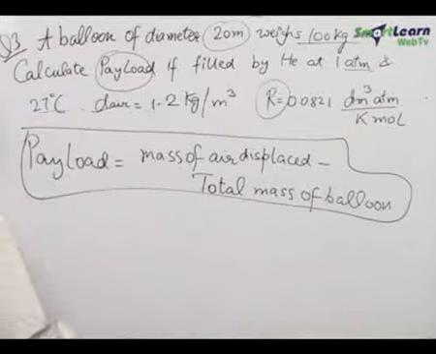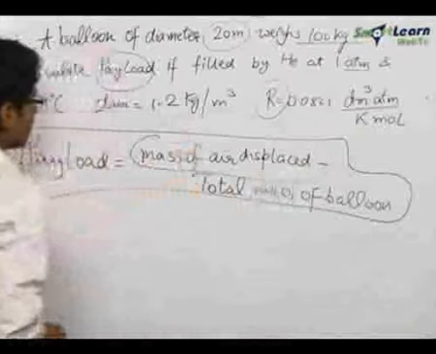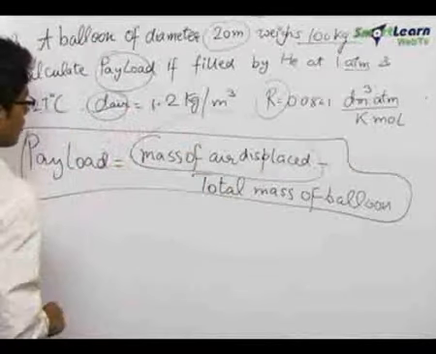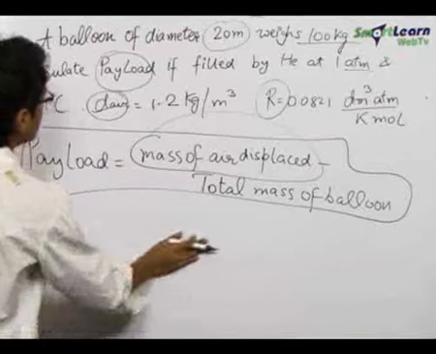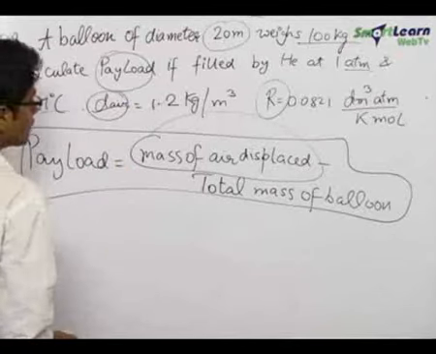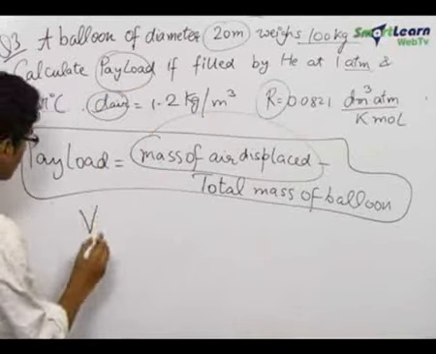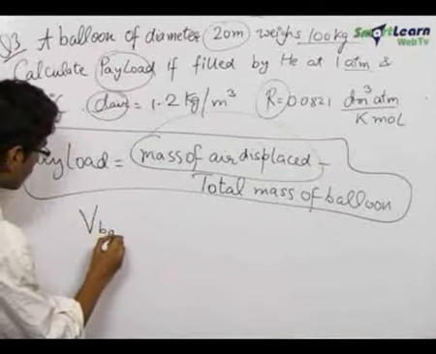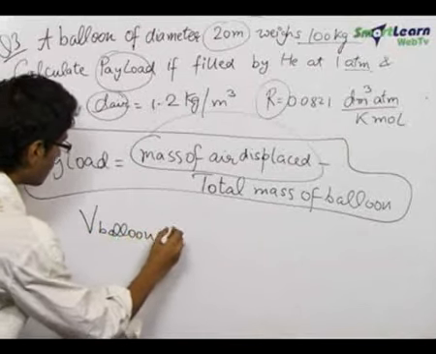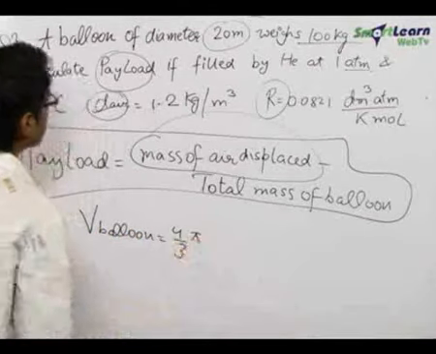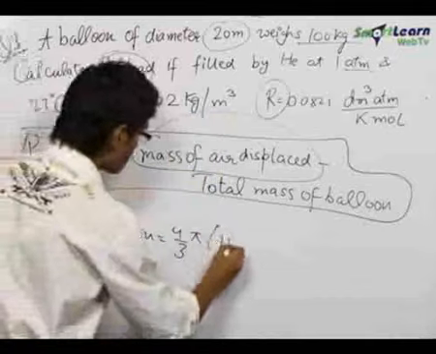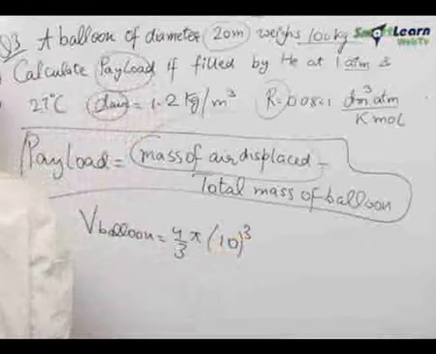So first of all, we will try to find out the mass of air displaced. For this we have the density of air, so we need to find out the volume of air displaced. Now the volume of air displaced is equal to the volume of the balloon, and we know that the balloon is a sphere, so the volume of the balloon is equal to 4/3 π r³, which is 10³.